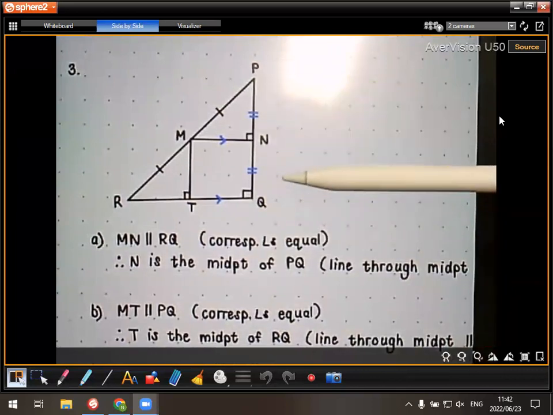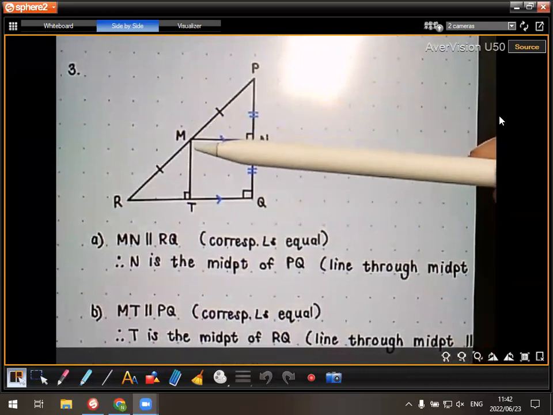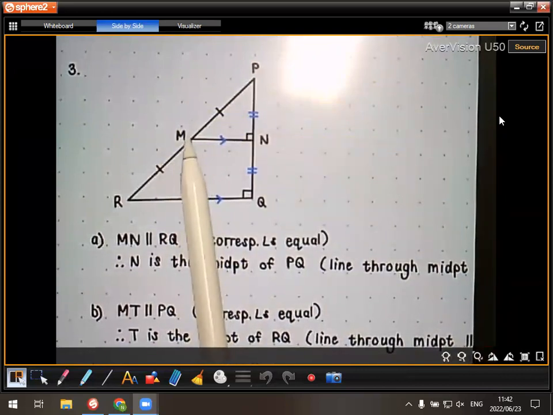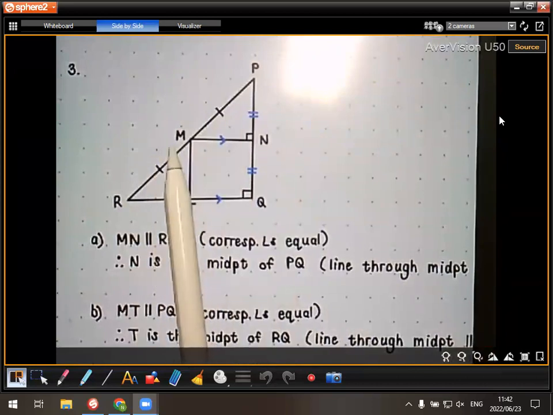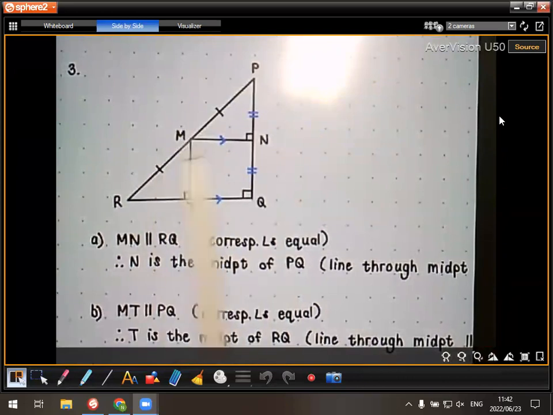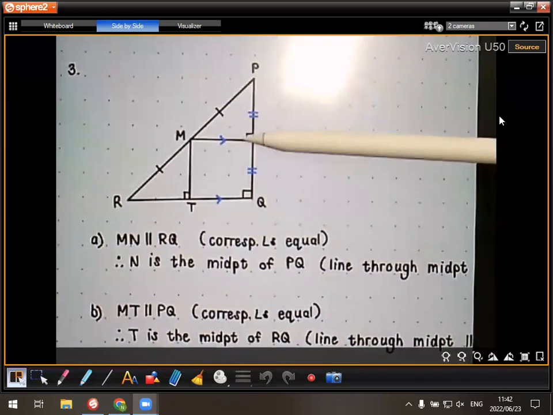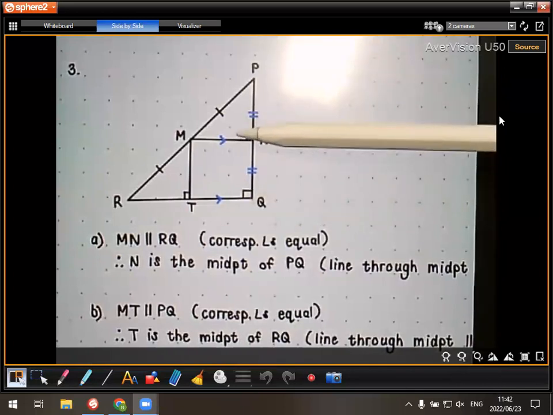But remember, converse says that if you have a line going from the midpoint of one side, which we do have, right? M is the midpoint of this side. But then also, if this line is parallel to the second side. Now, they didn't tell us that MN was parallel to QR. But because of those 90-degree angles, do we see that F shape thing, corresponding angles? It's like the example that we did yesterday.